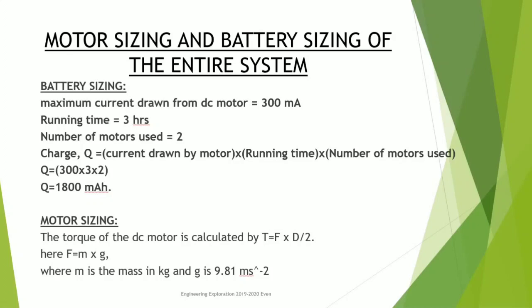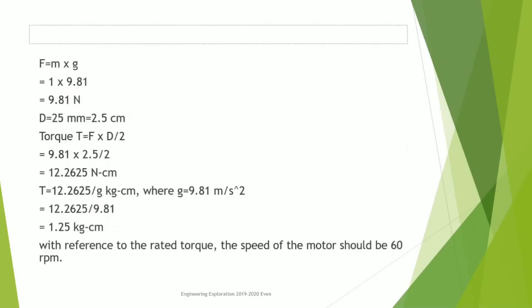Now let's move on to motor sizing. The torque of the DC motor is calculated by T = F x D/2, where F is the force and D is the diameter of the DC motor. Further, force F is obtained by multiplying M and G, where M is mass in kg and G is 9.81 meter per second square.